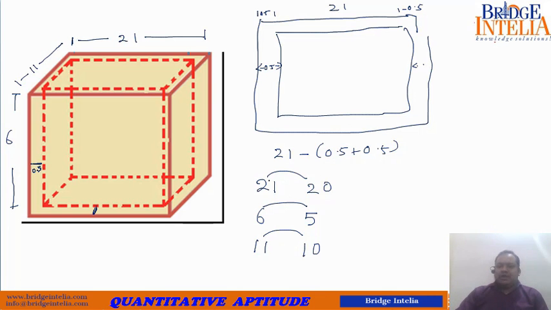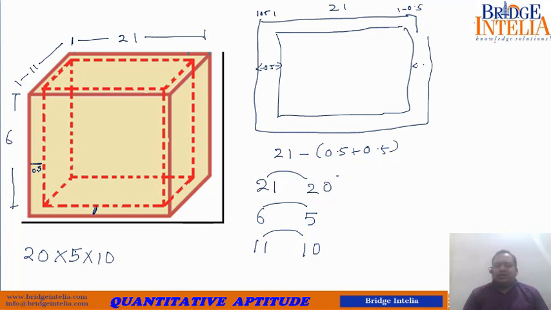So 21 becomes 20, 6 becomes 5, 11 becomes 10. So this is the dimension that has been painted. 20 into 5 into 10 is the cuboid that will get painted. Outside is not painted, inside is painted.